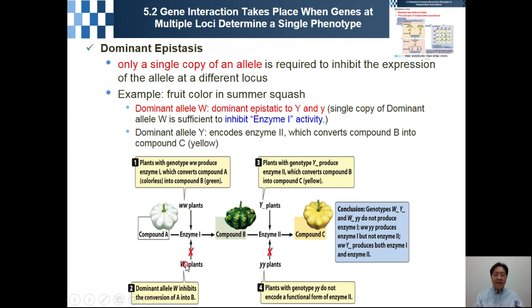But the dominant allele large W is epistatic to large Y and small y, so it inhibits the conversion of A into B or A into C. So the conclusion: if they have large W, with large Y or with small yy, they do not produce enzyme 1, so the color will be white.